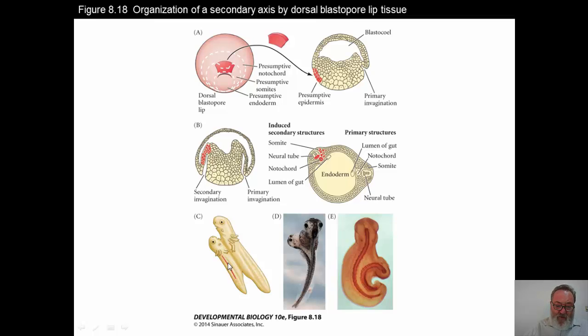For this work, Spemann and Mangold were awarded the Nobel Prize in Physiology or Medicine, and this was really the first instance where a graduate student with her thesis had won a Nobel Prize, and perhaps the only instance.